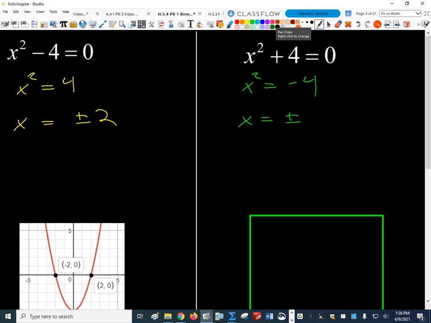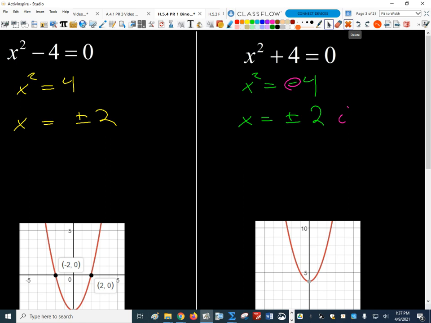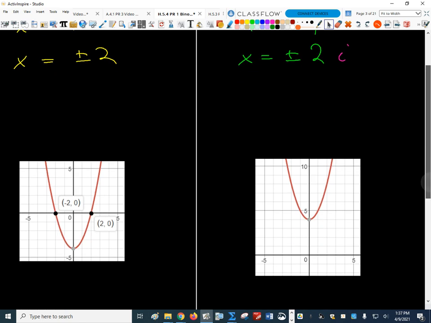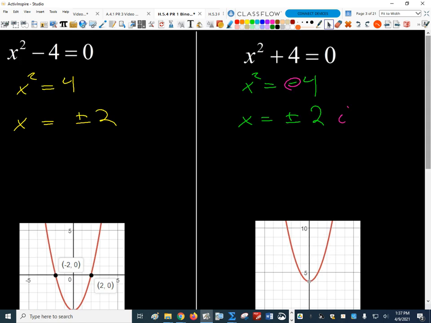What is the square root of negative 4? 2i, there you go. When I have a negative inside the radical, it turns into an i, doesn't it? So I get plus or minus 2i. Are those real zeros? Are they going to show up as x-intercepts? No, they're not, are they? And they don't. That one does not cut through the x-axis. Okay, agreed?